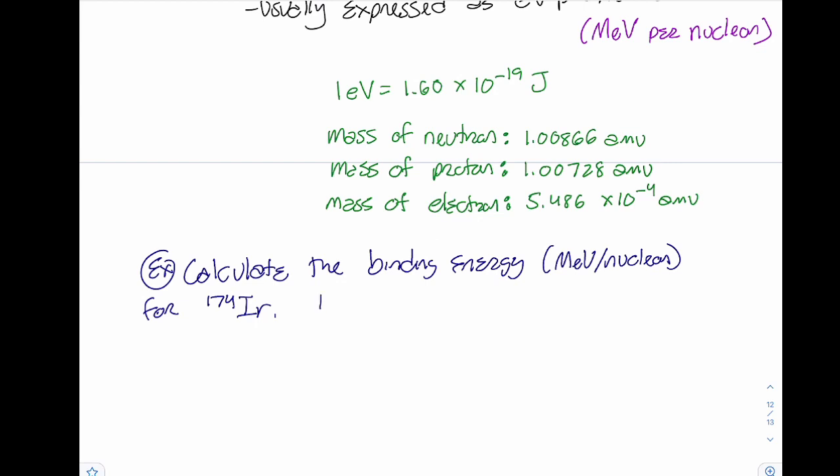And our isotopic mass of iridium-174 is 173.9666 atomic mass units. So we can already see that mass defect, right?